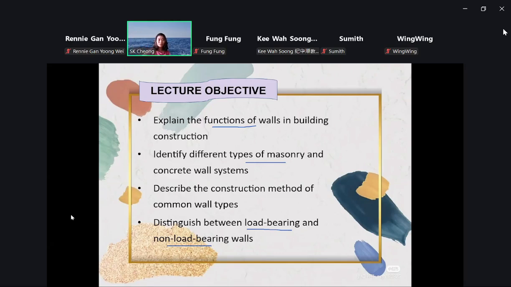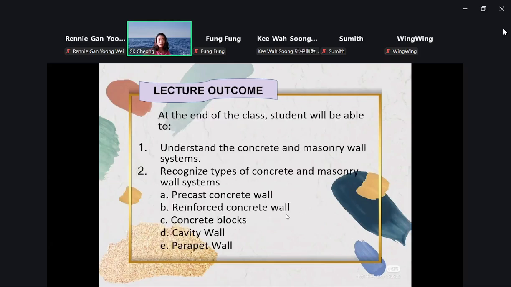So that's it. That's the key parts from chapter 5. Okay, function of it. Recognize wall systems. So in Malaysia, mostly precast or concrete wall, brick wall.